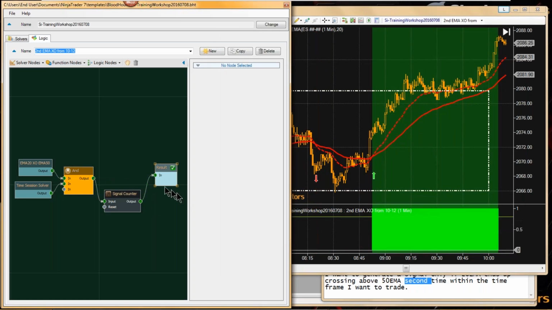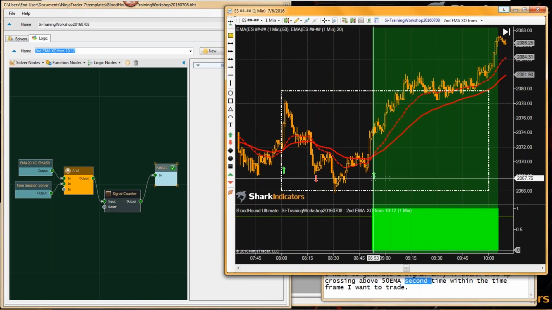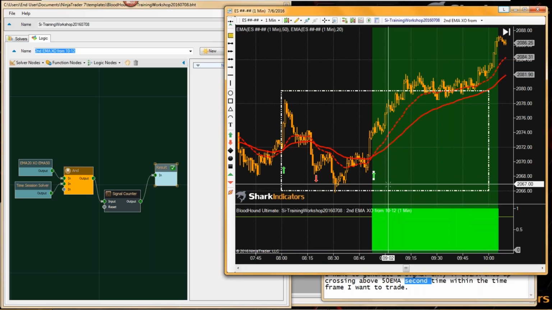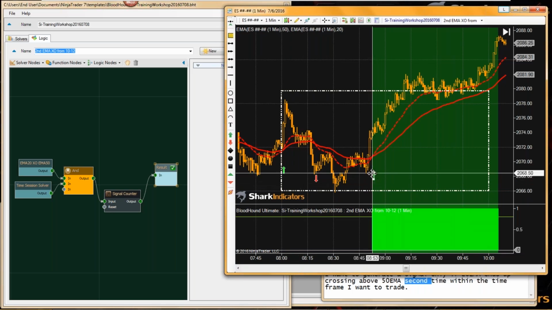And let's look at the signal counter again. Right, so there's our first long signal. And when we get to the second long signal, the signal counter outputs a long signal, and that's just stating that it's been able to find 2 long signals when it looks back 125 bars.